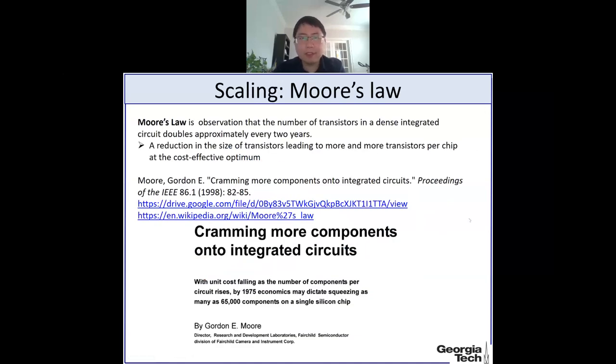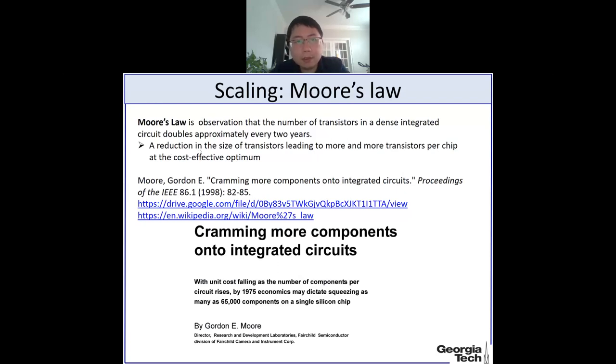We have discussed Moore's law at the very beginning of the semester. Moore's law, as we introduced, was predicted by Gordon Moore, who is a co-founder of Intel, and he predicted back in the 1960s that the number of transistors in a dense integrated circuit doubles approximately every 2 years, per generation.